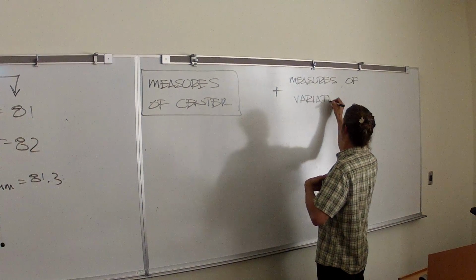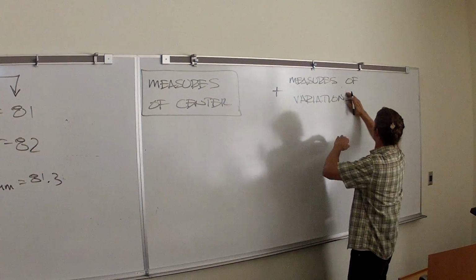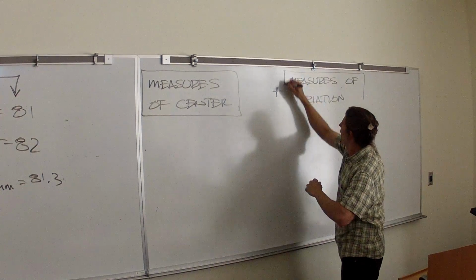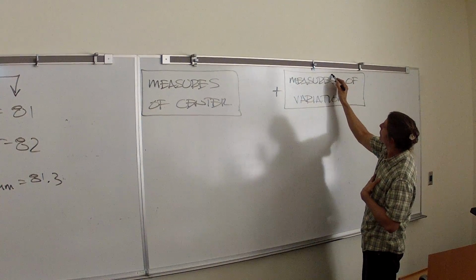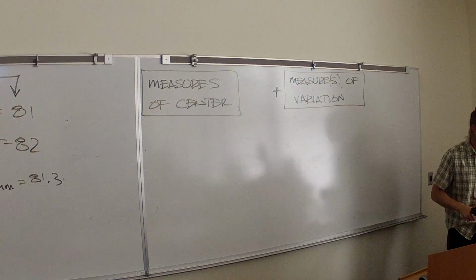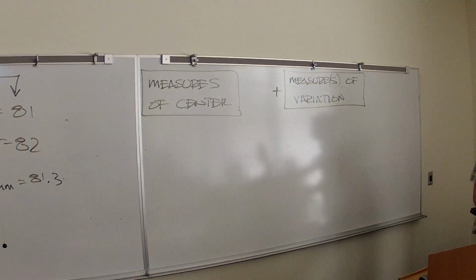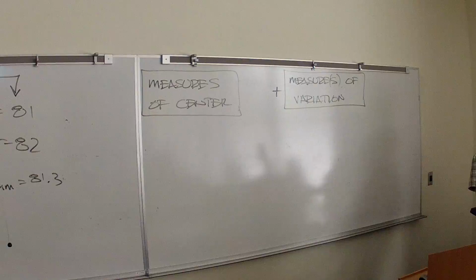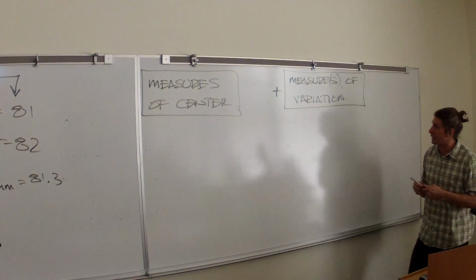And there are lots and lots of words. Let's do measure, the measures, the plural in parentheses. There's one in particular I want to play with in this class. There are a number of ways to measure or quantify variation. Only one of them gets used religiously in statistics, so we'll focus on that one in class.